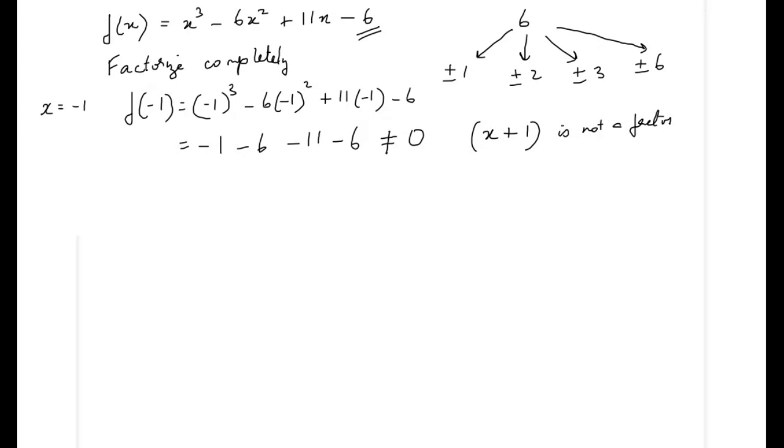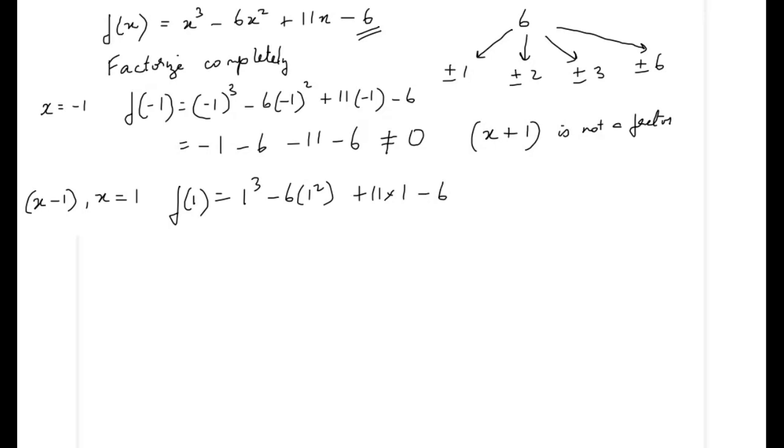Okay, now I'm going to pretend that the factor might be x minus 1. So I'm going to put in the value x is equal to 1. f of 1 is 1 cubed minus 6 into 1 squared plus 11 into 1 minus 6.